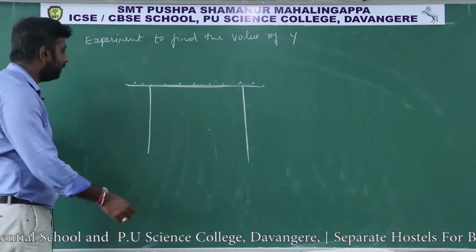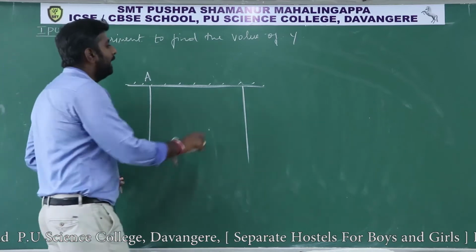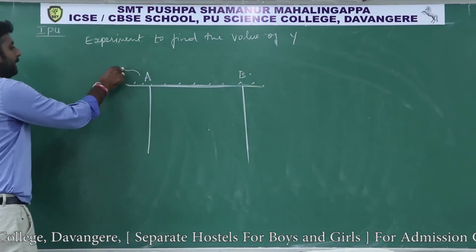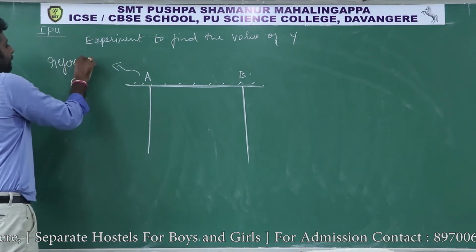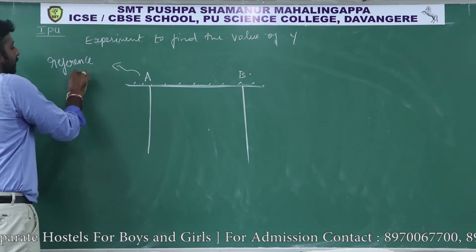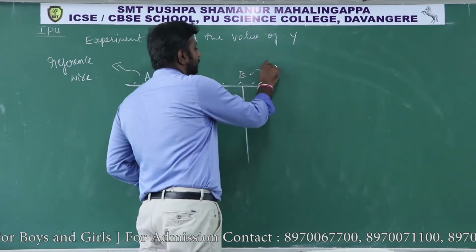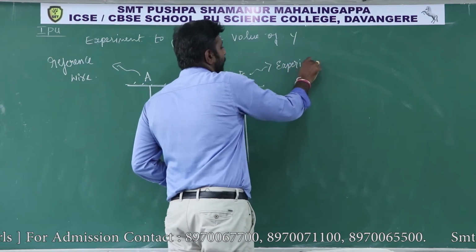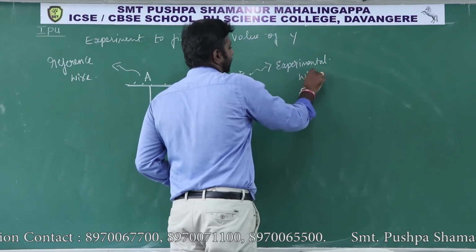So let us name this wire A, and this wire B, where wire A is called the reference wire, and wire B is called the experimental wire.